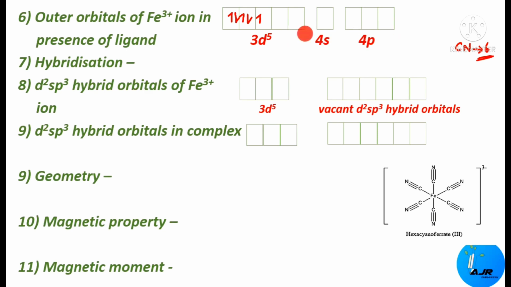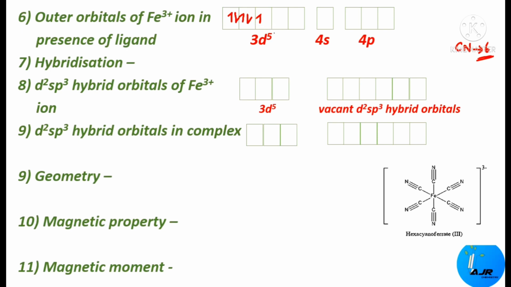Based on this principle, this Fe3+ can provide 2 3d orbitals, 1 4s orbital and 3 4p orbitals for complex formation with 6 CN ligands, which can provide 2 electrons each, and thus it undergoes d2sp3 hybridization and forms inner orbital complexes.